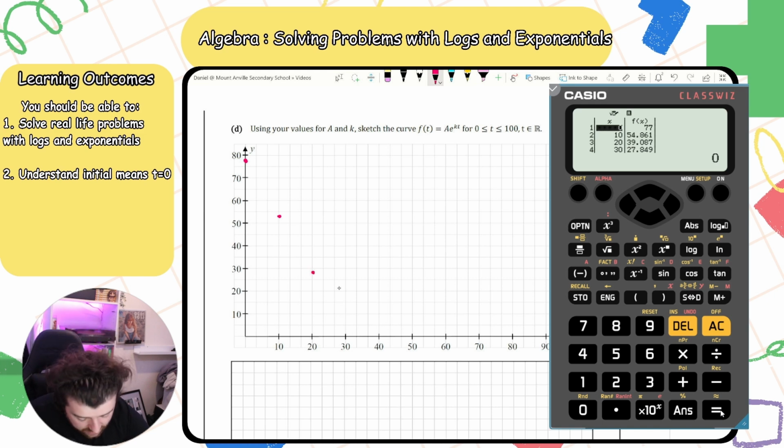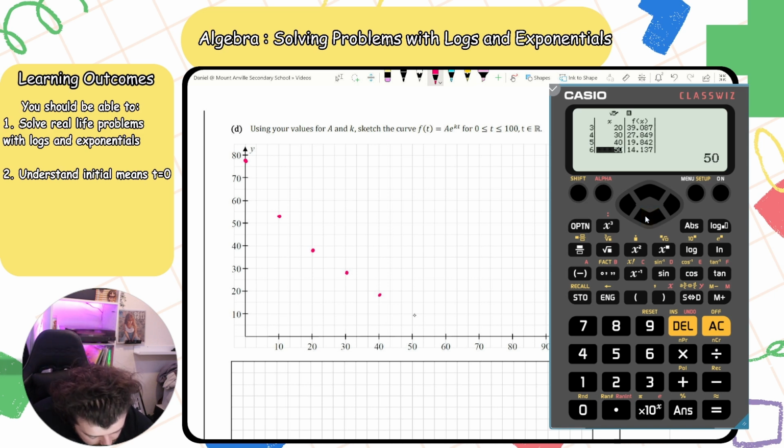At 30, it's going to be 27. So that's around here. 40 is 19. That's going to be roughly around here. 50 is around 14.